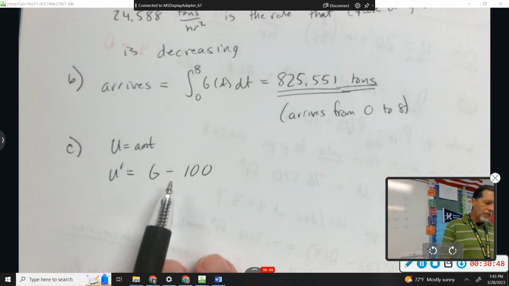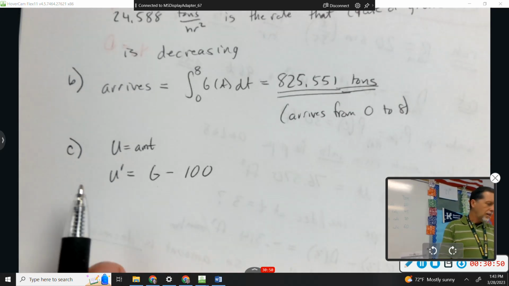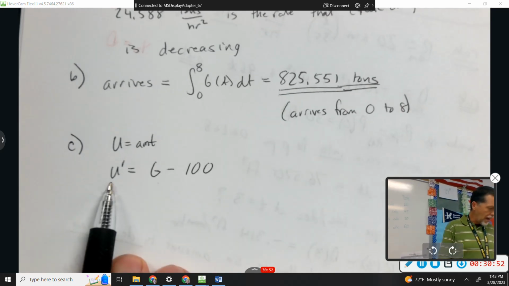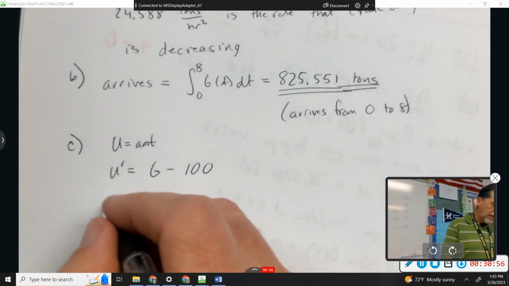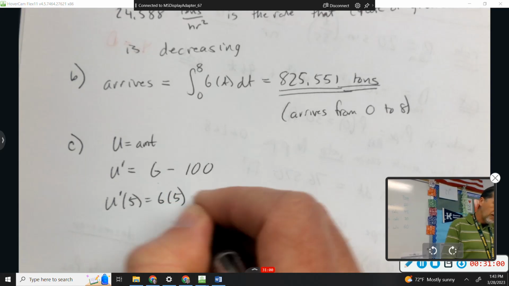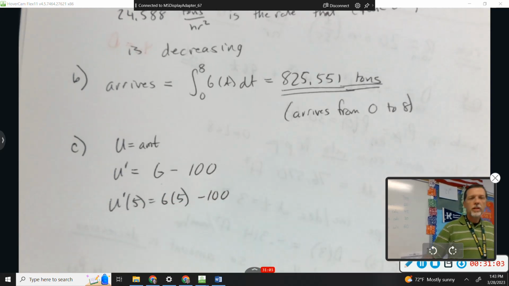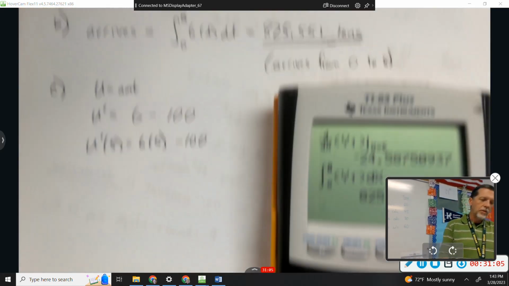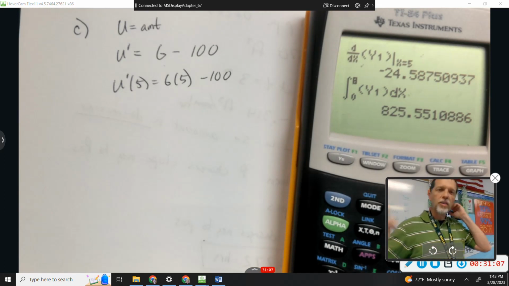So G minus 100 will be the rate of change of unprocessed gravel at the plant. They want to know it at 5. So U prime at 5 is G of 5 minus 100, because the 100 is constant. It's always leaving at 100.